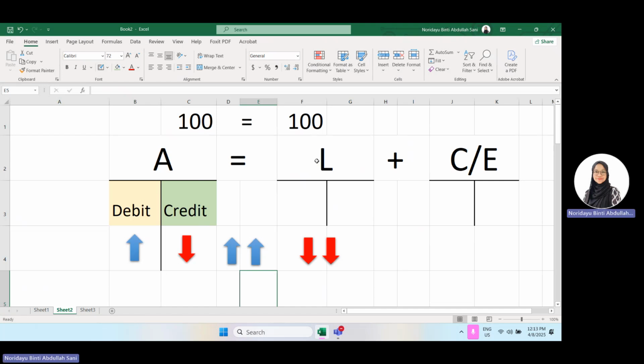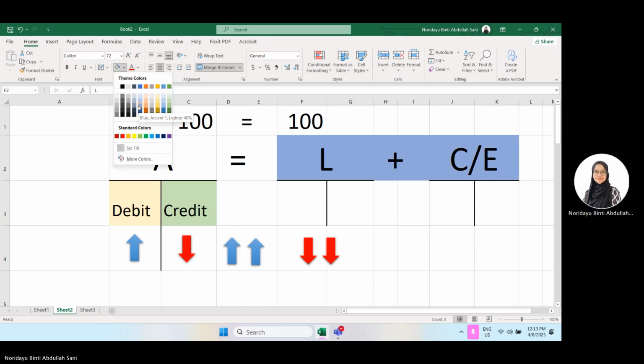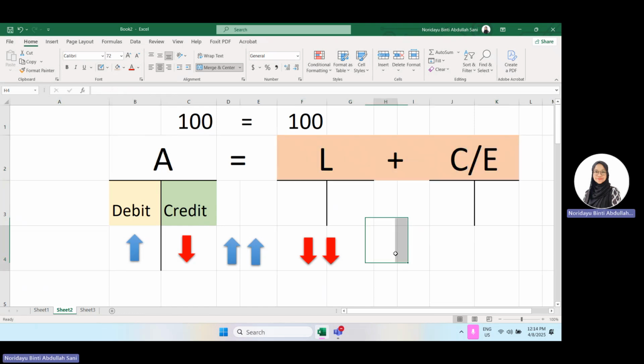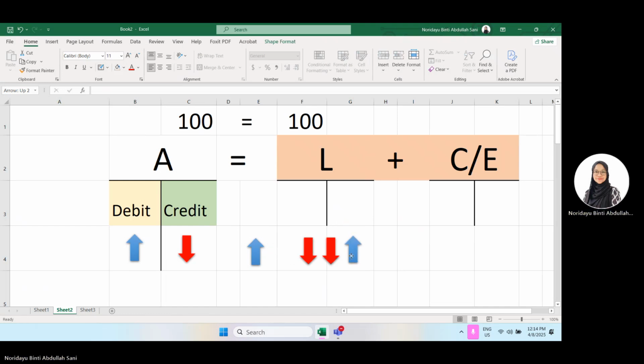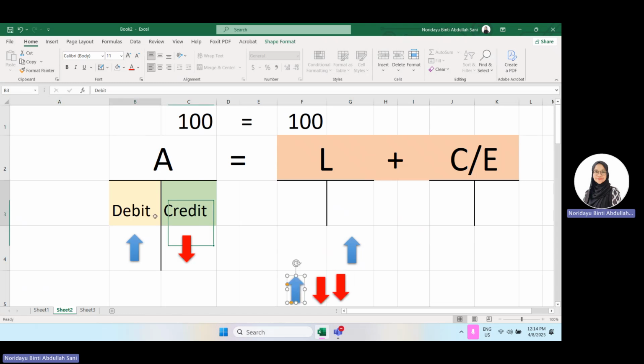So when you have this equivalent sign, this side should be the other way around. If my asset increases on debit, when I go to my liability, it should be the other way around.